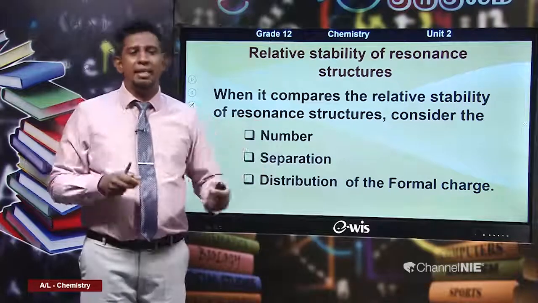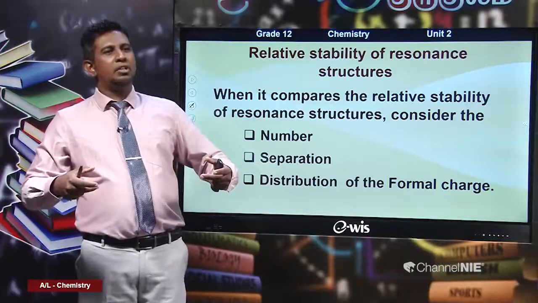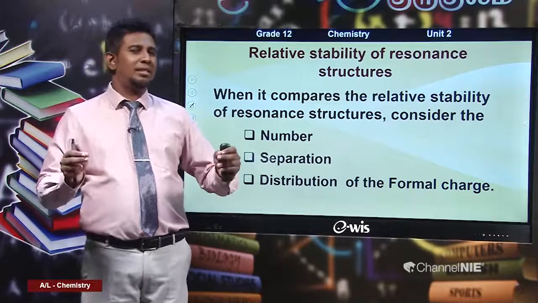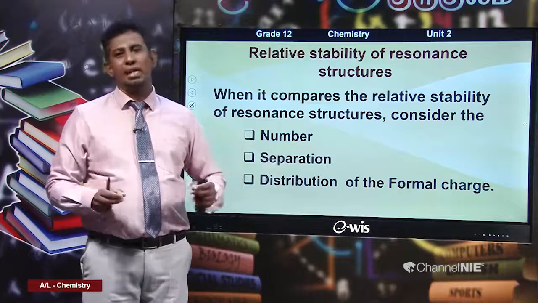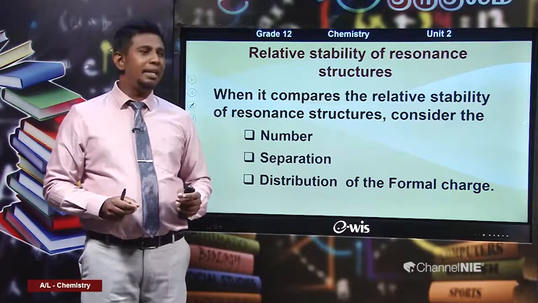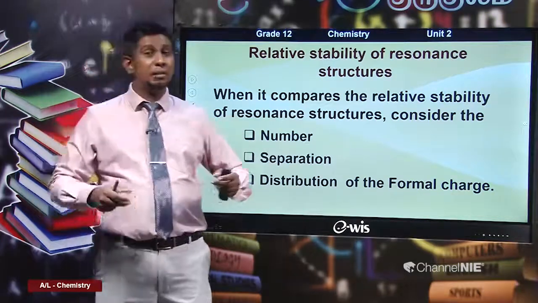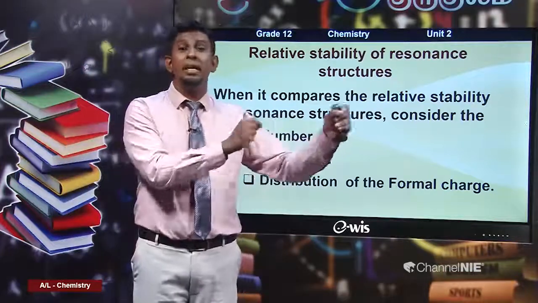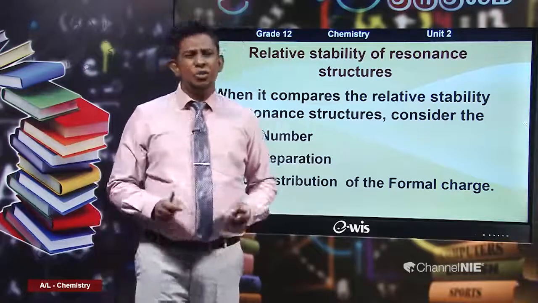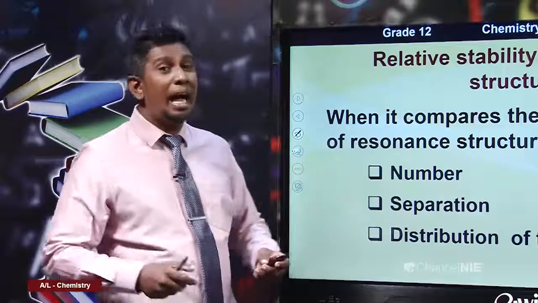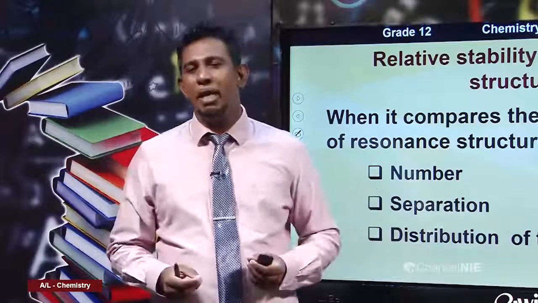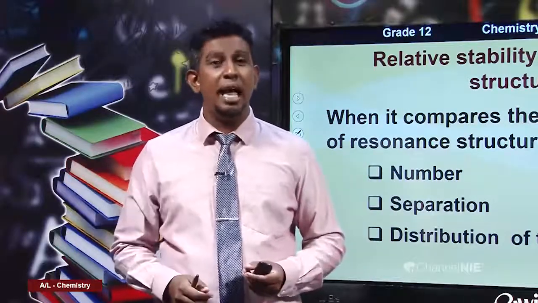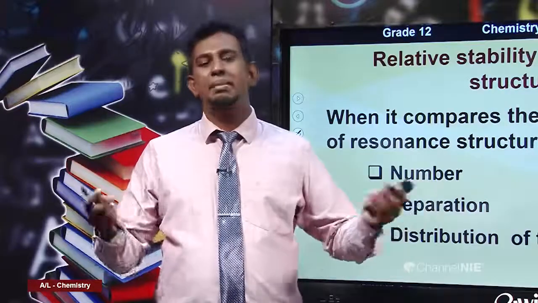Vice versa, more electronegative atoms would not like to take the positive charge. It's better to give the positive charge to the less electronegative atom. These few things are important when we decide which one is stable and what's the order of stability.